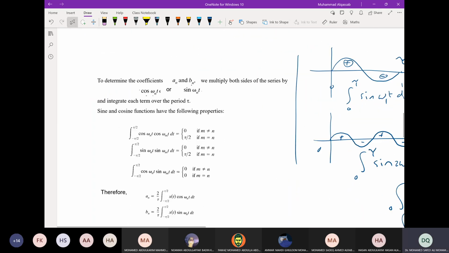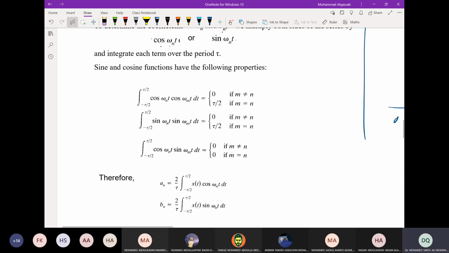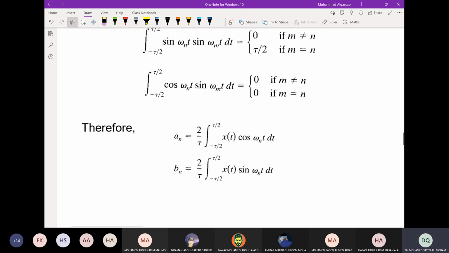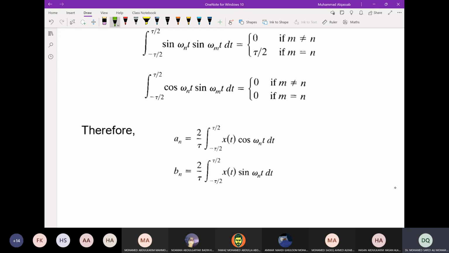The other property of sine and cosine is that they are called orthogonal functions. There is a phase difference between sine and cosine of 90 degrees. So whenever you have a term cosine multiplied by sine, it will always be 0 as far as you integrate over one period.